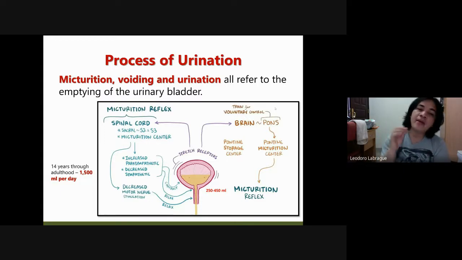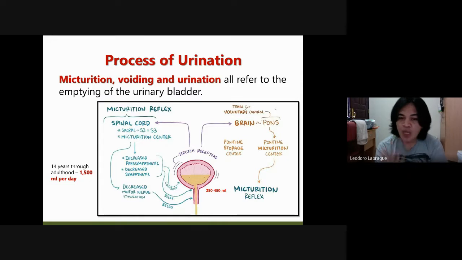What will happen? The stretch receptors in the bladder muscles will send a message through the spinal cord to the micturition center, specifically in the sacral area. Once this micturition center is activated, parasympathetic and sympathetic activities are activated.